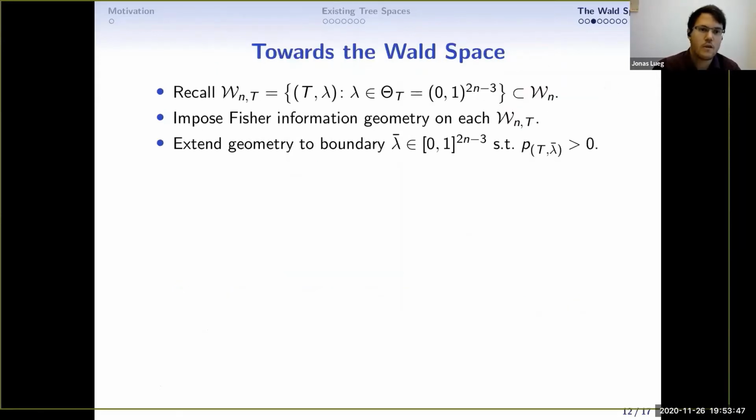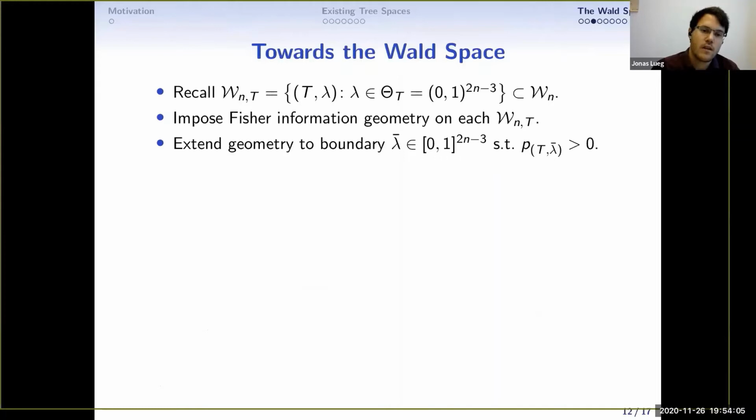Recall, for each fully resolved tree, we have this family of probability mass functions, basically denoted by WnT, and we can impose the Fisher information geometry on each such subset of Wn.